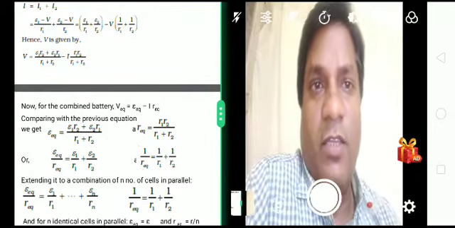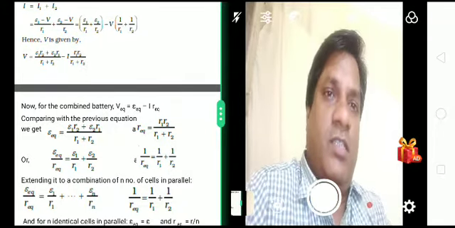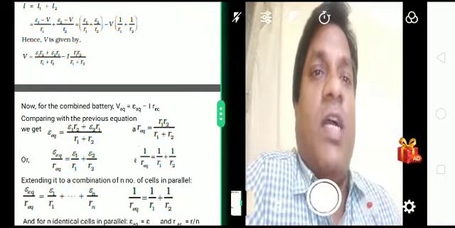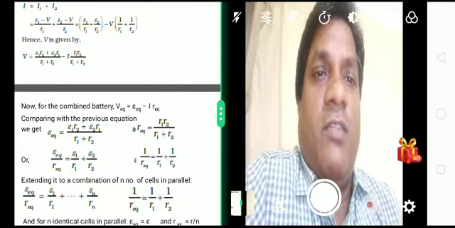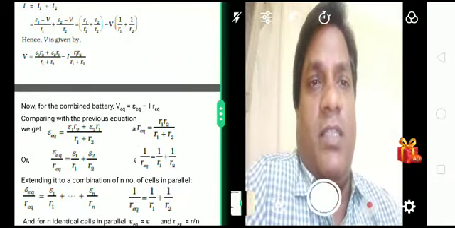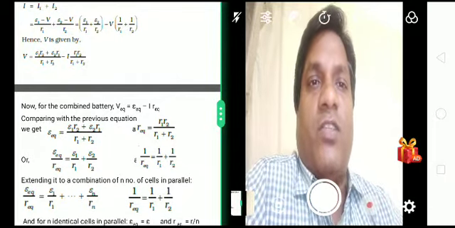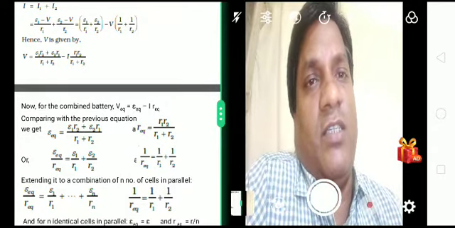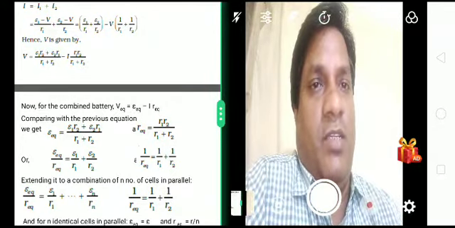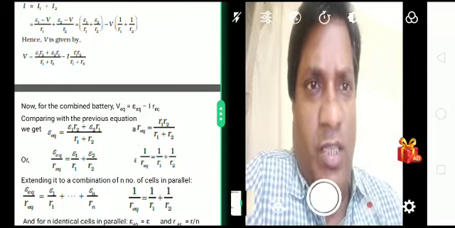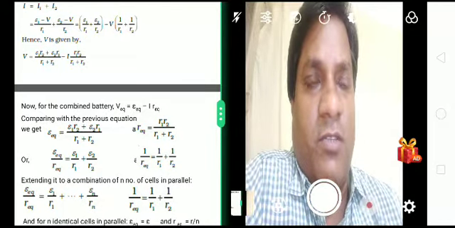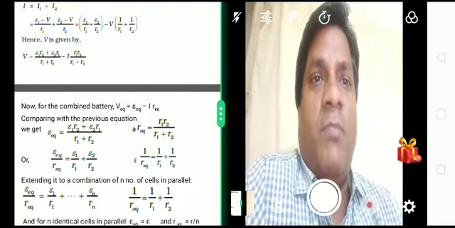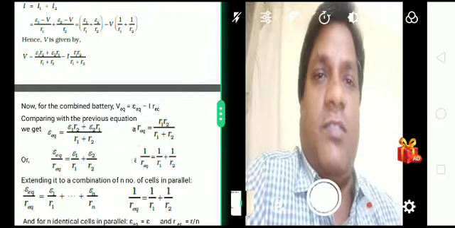Similarly, the equivalent internal resistance is R1 R2 by R1 plus R2, or the reciprocal of equivalent internal resistance of the battery is equal to the sum of reciprocal of individual internal resistances of the cells in parallel combination. There is nothing new in this, you know already. In a parallel combination, the reciprocal of equivalent resistance is equal to the sum of reciprocal of individual resistances.